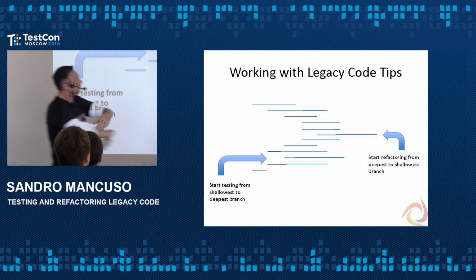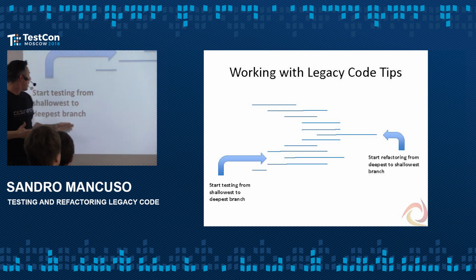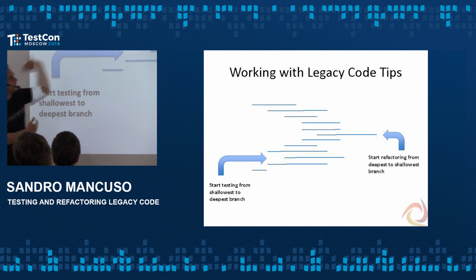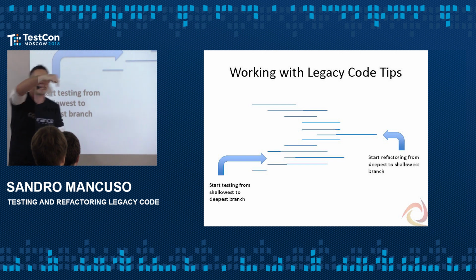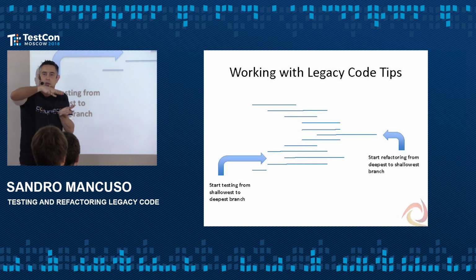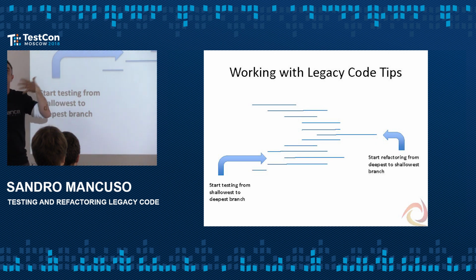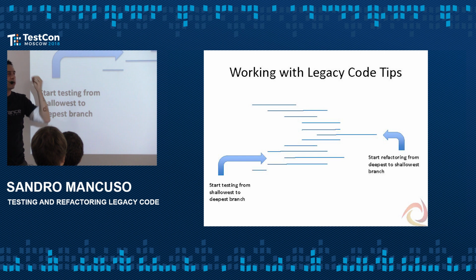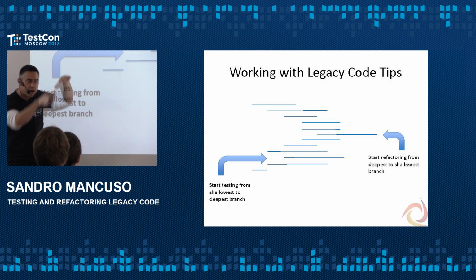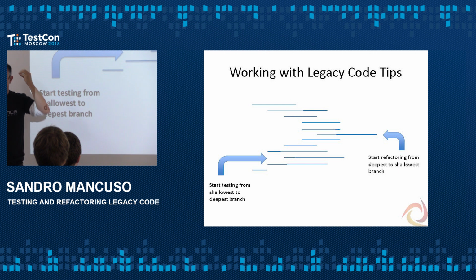Okay, so the technique I'm going to use is, I have this notion of shallow branches and deep branches. What does it mean? Imagine when you call a method, the shallowest branch is the shortest path to the exit of the method. As soon as it executes the method, it goes through the instructions. It would be the fewest instructions that are called, so the shortest path out, that's the shallowest branch. So when I'm looking at retrofitting tests, imagine that you have a very long method. I don't try to understand the entire thing. I don't try to read every single line and compile that in my head.